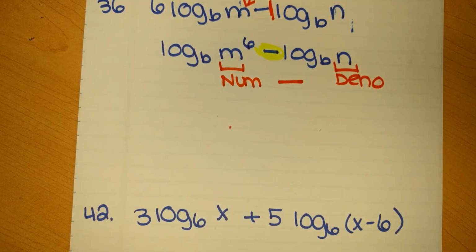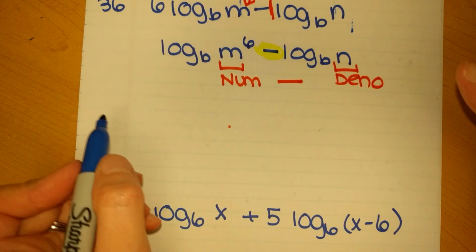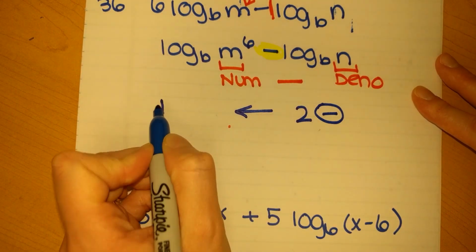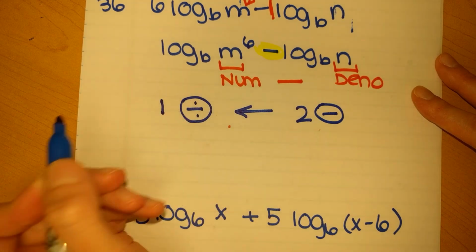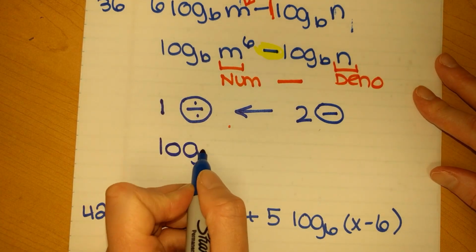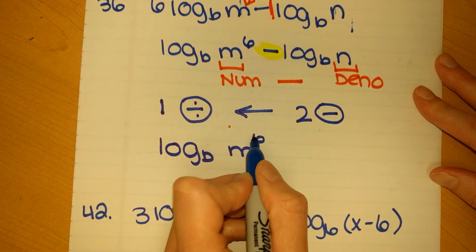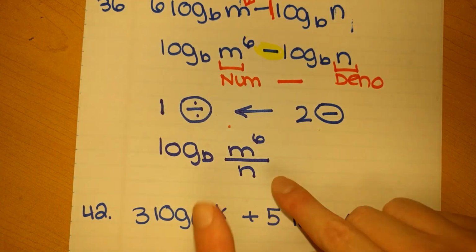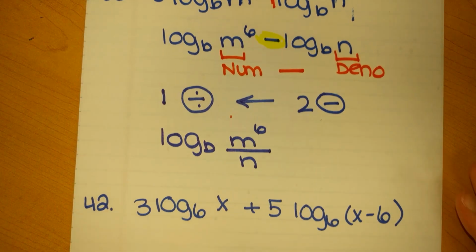So it's the numerator minus the denominator. So our 2 logs subtracted, they will become 1 log, and inside of the logarithm we will now have division. So this will look like log base b of m to the 6 over n. And you have just 1 argument, the 2 logs become 1 log.